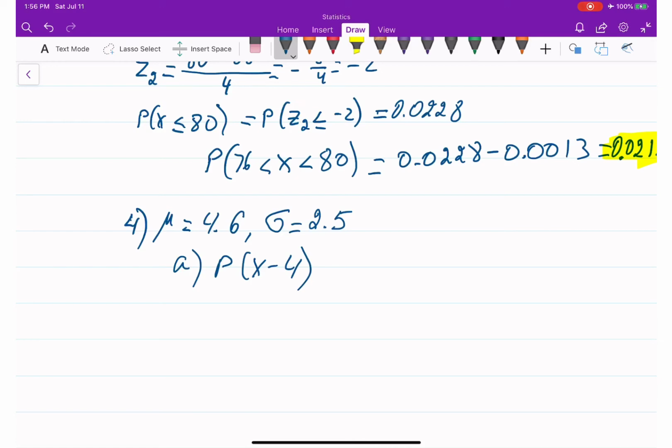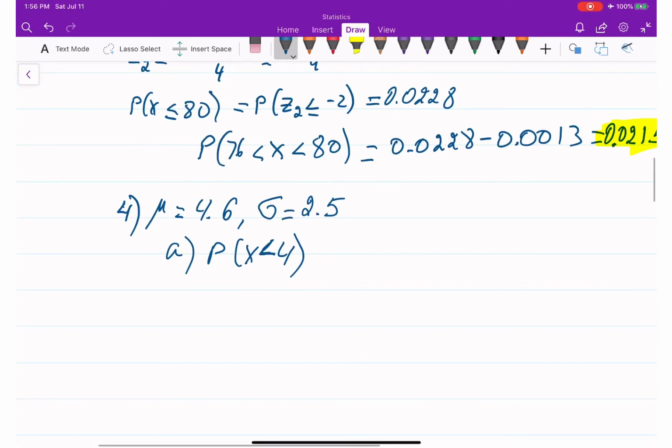We are already familiar, right? Less than 4, so the z-score is equal to 4 minus 4.6 divided by 2.5.